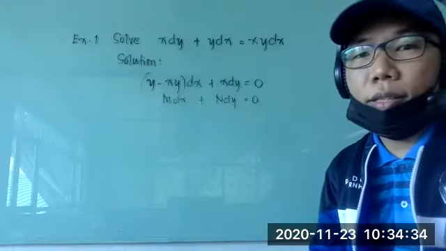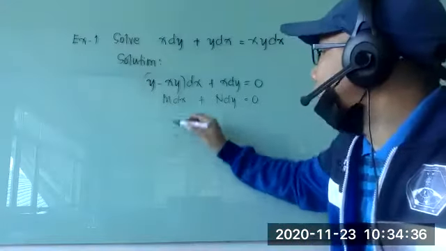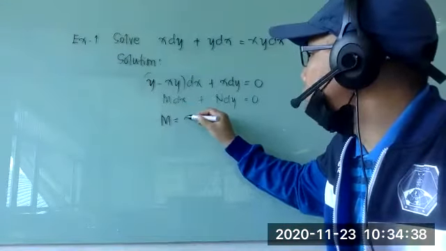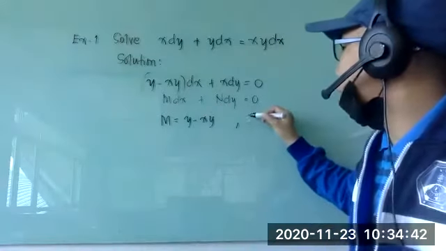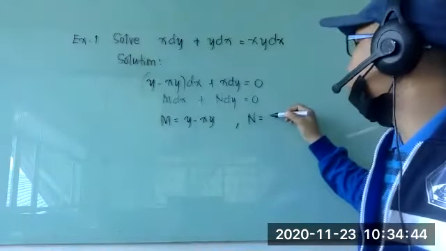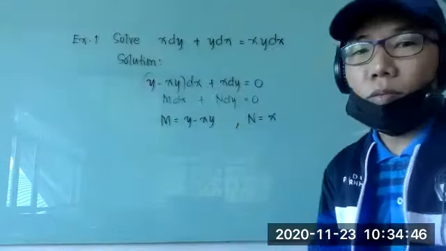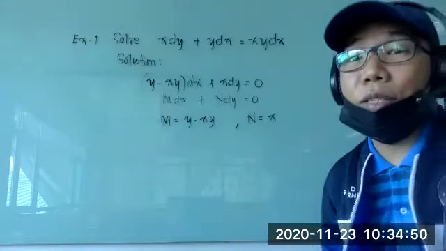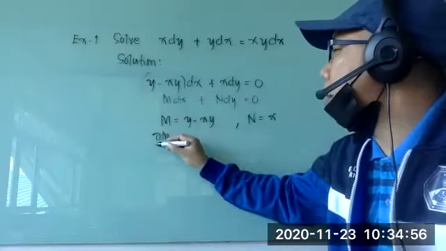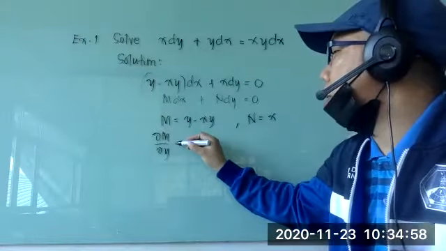Okay? Yan. So yung m natin is what? Y minus xy. Ano yung ating n? N is equal to x. Okay? Now, what we will do is we take the partial derivatives. Yan, yun yung unang step natin. So take the partial derivative of m with respect to y.